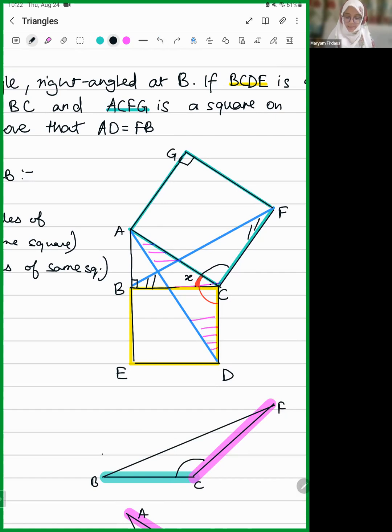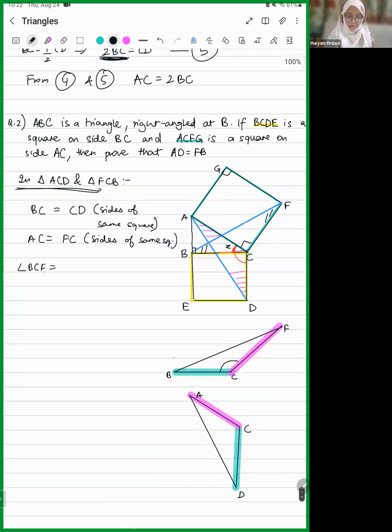This can be written as X plus this angle, right? X plus ACF. And how much is ACF? 90 degrees. So angle BCF is equal to X plus 90 degrees.